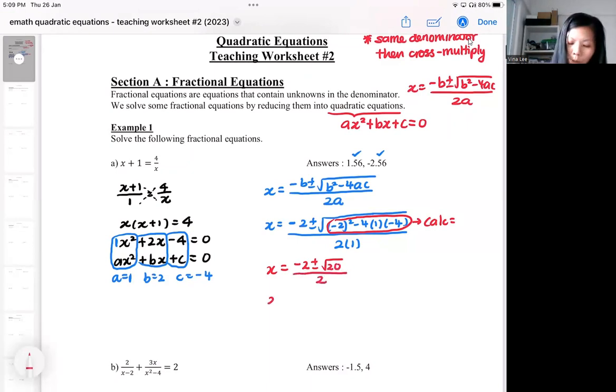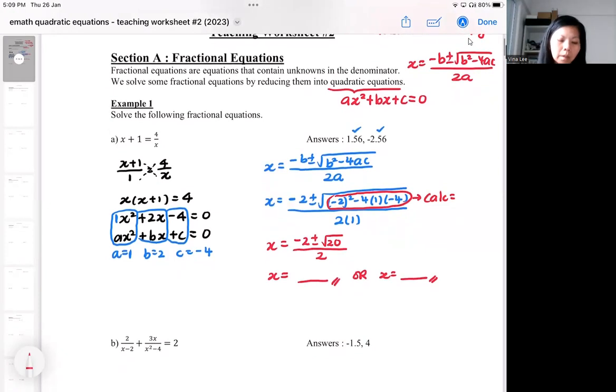Then from there, you press out the two answers. So that is the cross multiplication idea. The cross multiplication leads you to a quadratic, and in turn you use the quadratic formula.